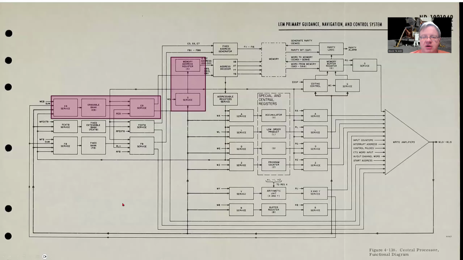Now, if we look at our overall layout of the Apollo Guidance Computer, we talked a bit about the S register, which is the 12-bit register that is used to address memory, and then later we'll actually cover the G register, which is the memory buffer. That's the register that's actually used to transfer the data in and out of memory, and there's some parity that will associate with that.